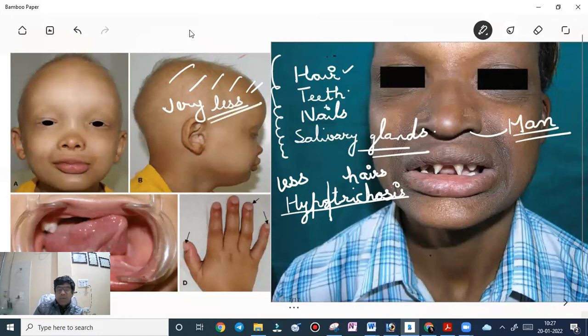The other ectodermal structure that will be affected is the nails. What would be the effect on the nails? The nails would be brittle and thin.